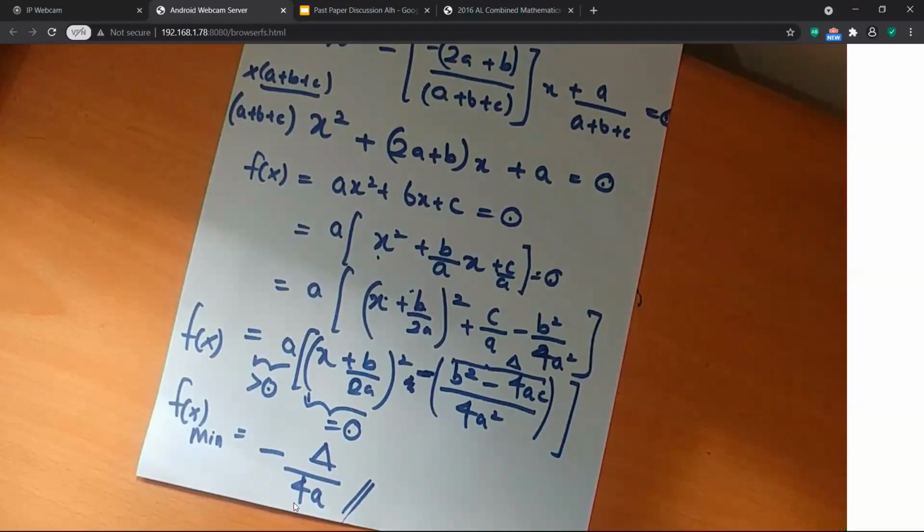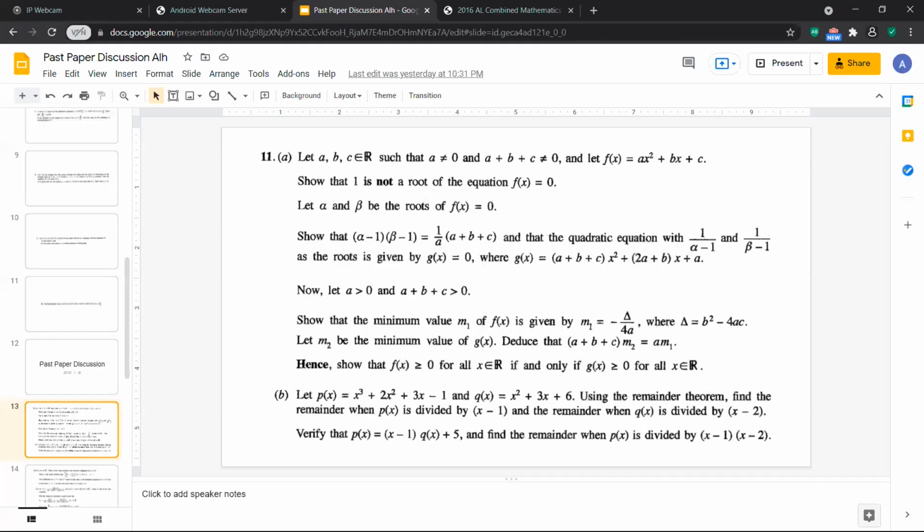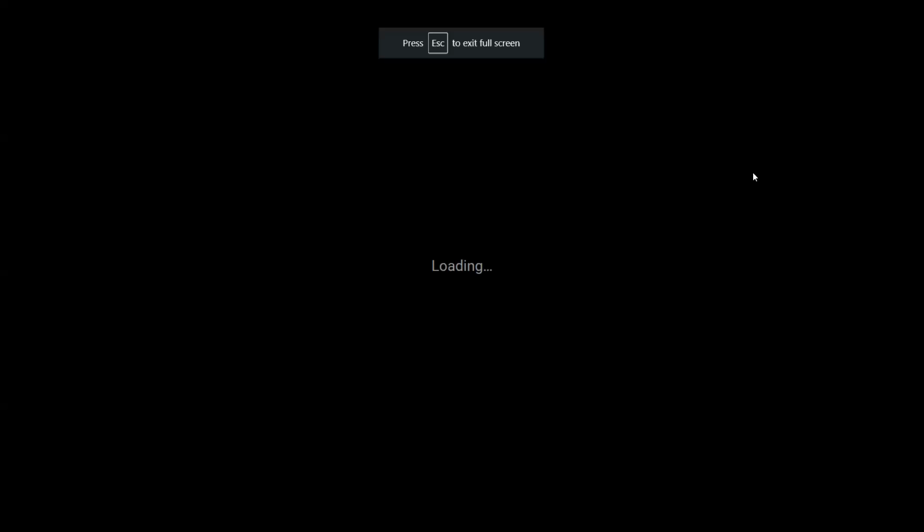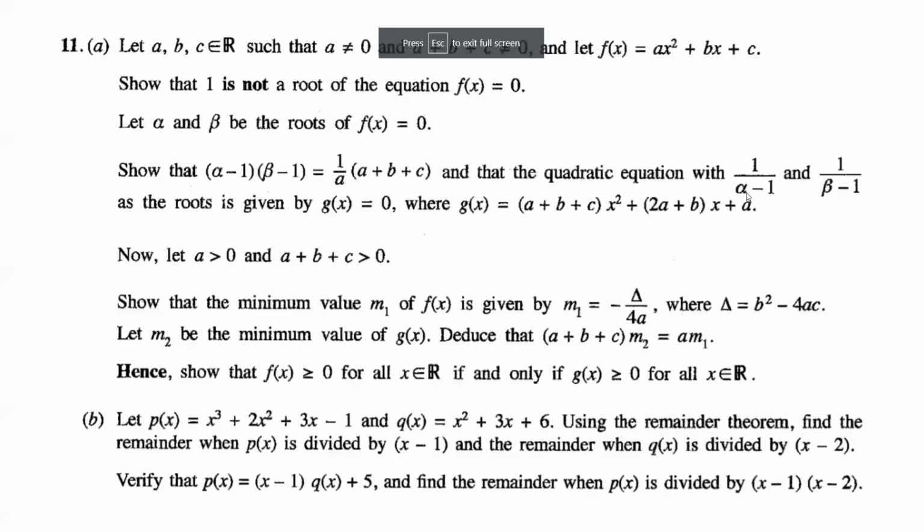Right. If it's clear, let's move on to the next part. Show that the minimum value of f is this, and then let the minimum value of g(x) be m2, and deduce that a plus b plus c is this. A very important word here is deduce.